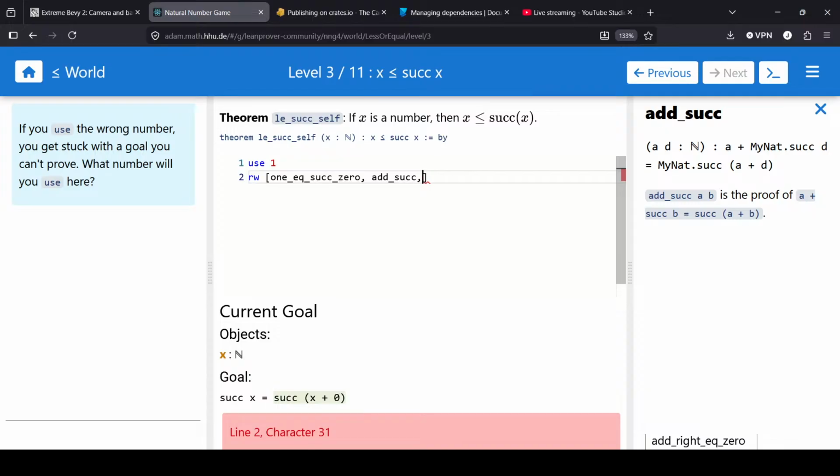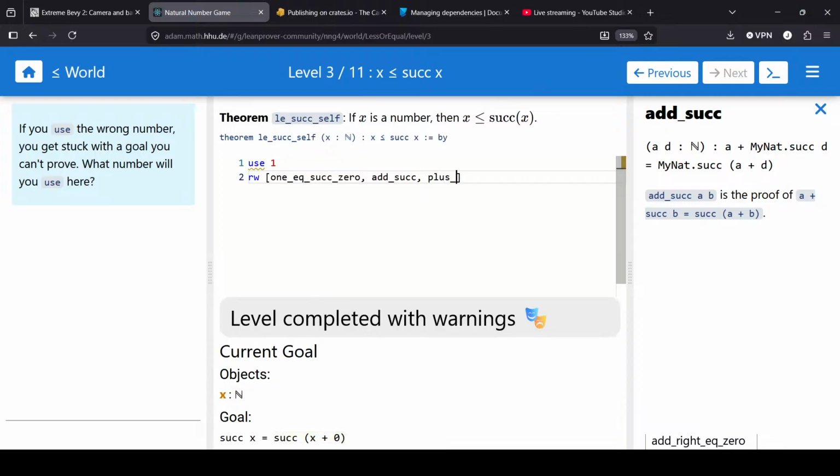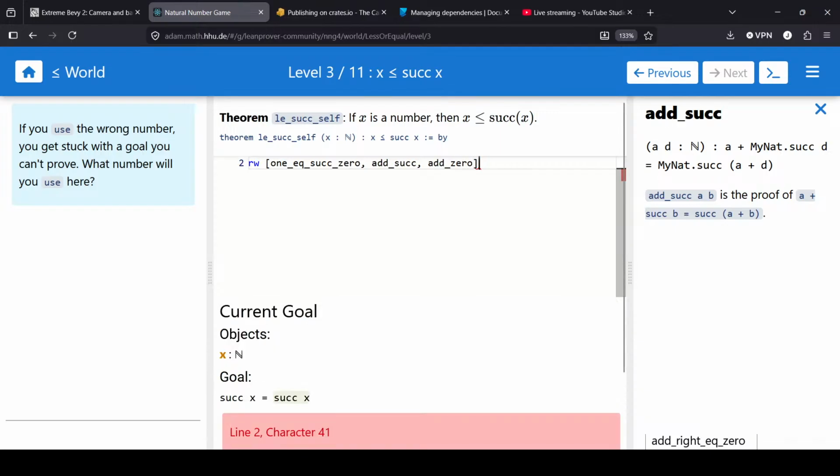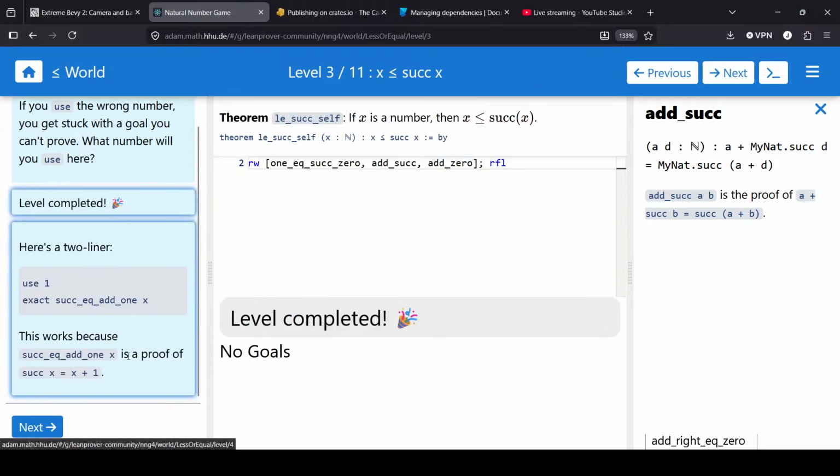And then I can do plus add, I think. Or do I need to specialize on x and 0? Or wait, no, it was add 0, sorry. That's why I'm confused. Okay, there we go. I'm just tripping all over the syntax today.